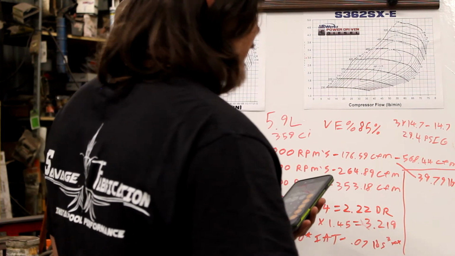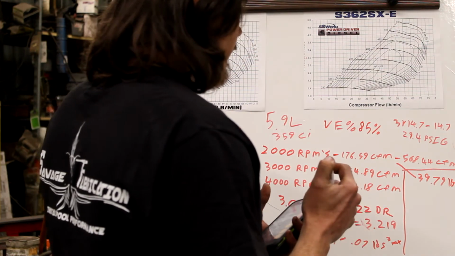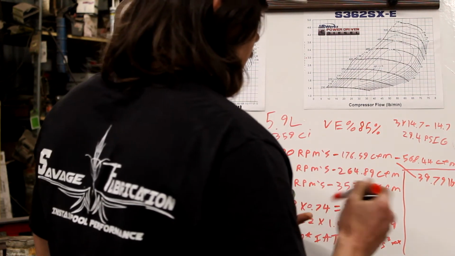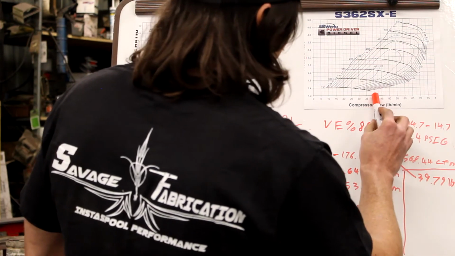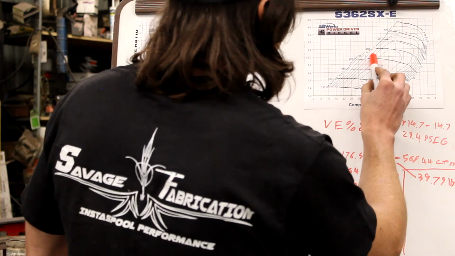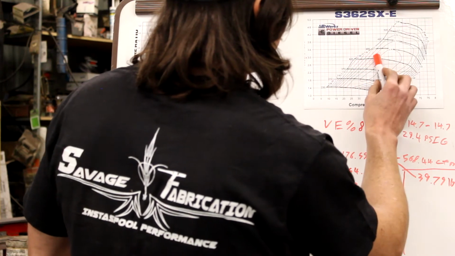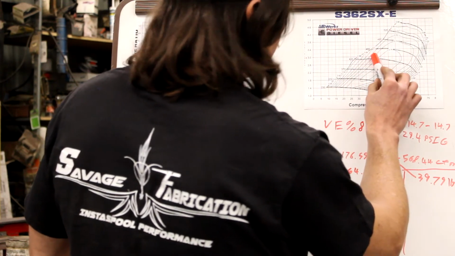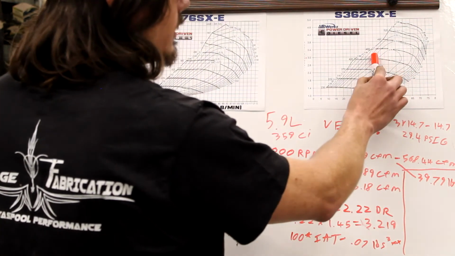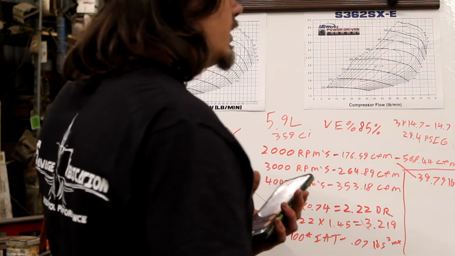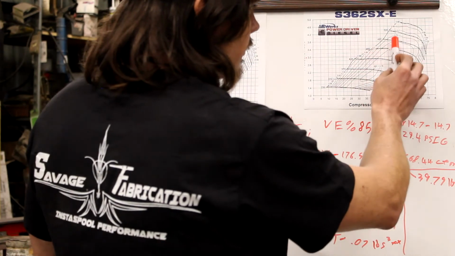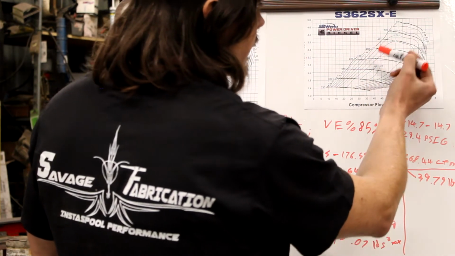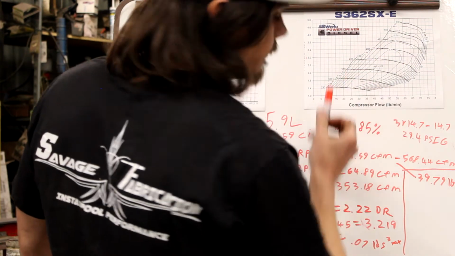So we're going to look at our 62 mat. 40 pounds a minute, it's right here. So we're going to go 40 pounds a minute up, 3.0 pressure ratio, and we are right on the 74% line. It's up to you if you wanted to go back and rerun this with the 72% compressor efficiency.